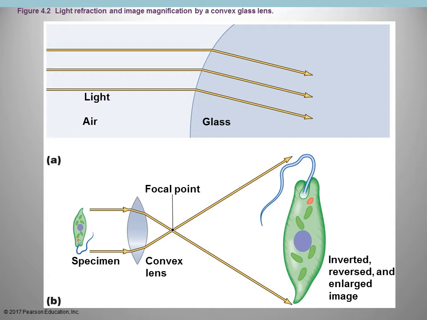Keep this in mind when you are using a microscope: the light waves are passing through the air. It's going to pass through lenses. So anytime it passes through a lens, it's going to bend and angle in a different direction.